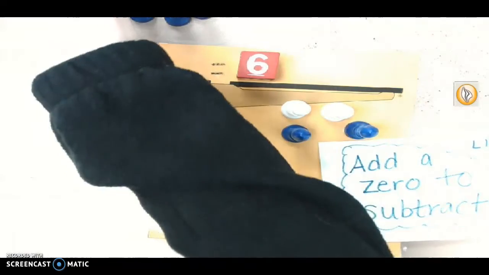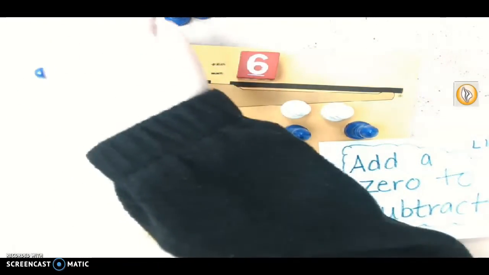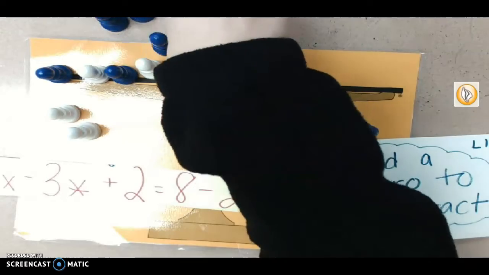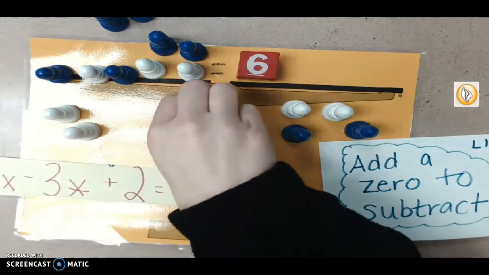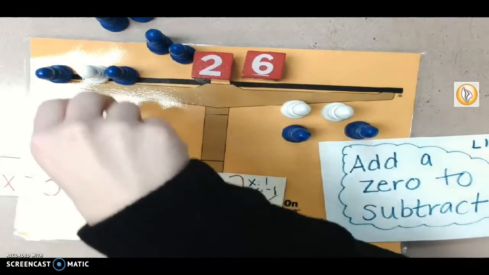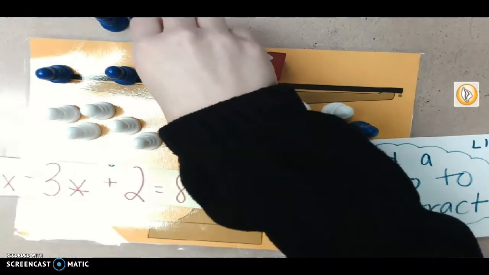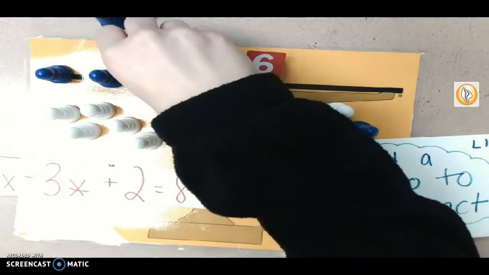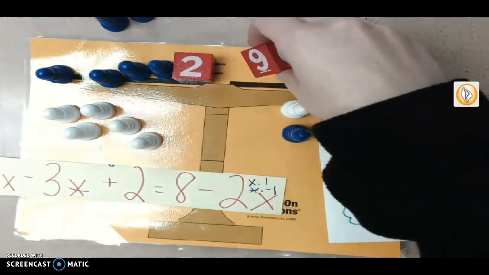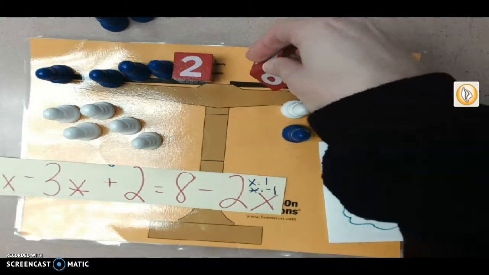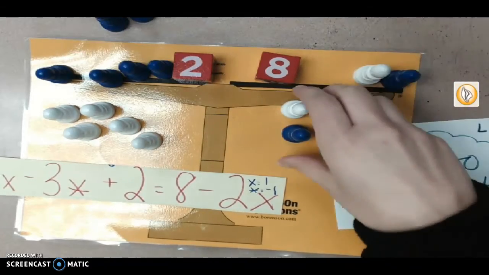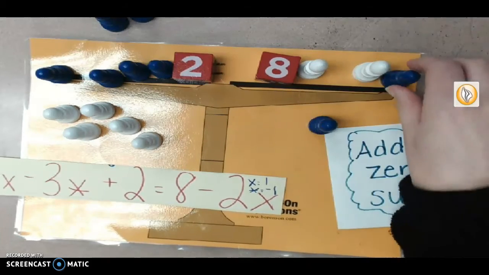So we had x minus 3x, or 3 star, plus 2. And then over here, we have 8 minus 2 x's.